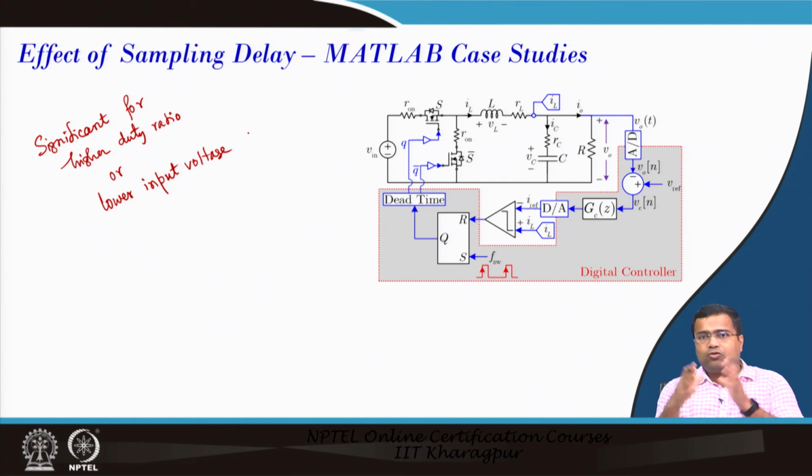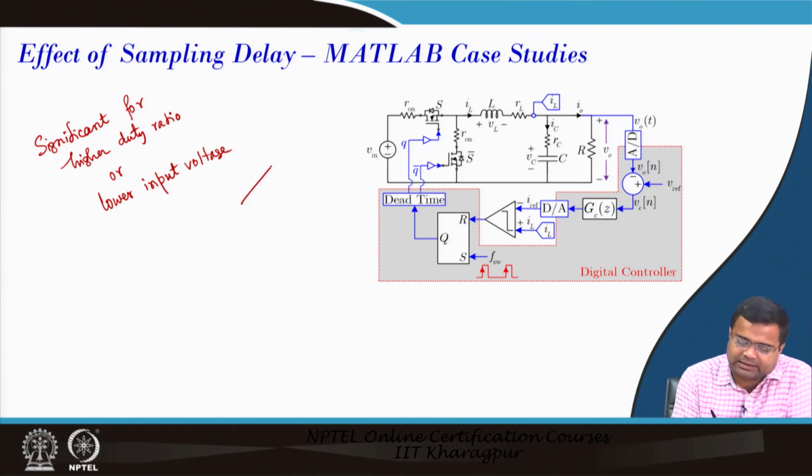Because the delay amount was increasing. If you take the inductor current waveform in one case like this, and in another case you have a smaller duty ratio, we are talking about the sampling point here. So, this to this delay, and if you take this color, this to this delay.